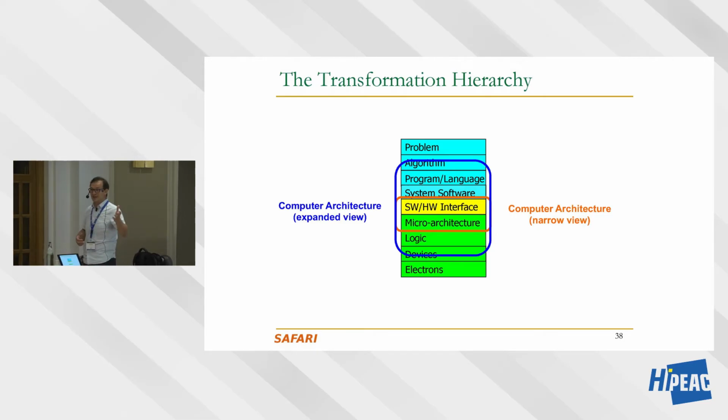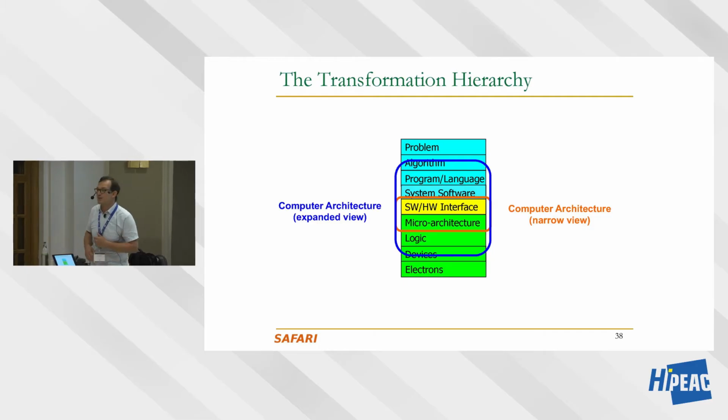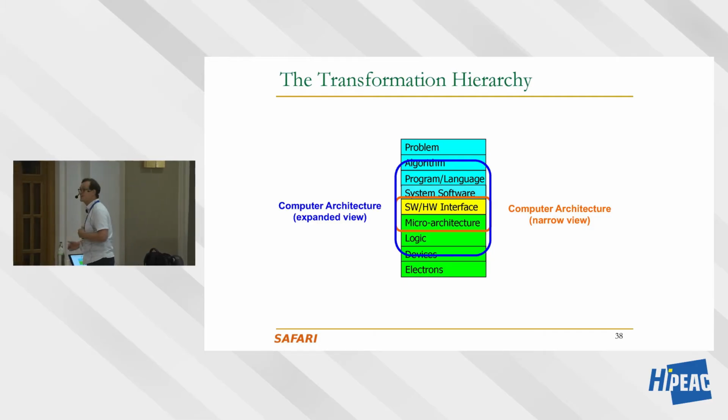It's different in different kinds of machines, right? And then that gets implemented using some microarchitecture constructs, which get implemented using logic gates, which get implemented using devices which operate based on electrical physics principles, right? And this is a transformation hierarchy that has been very successful, as we have seen.